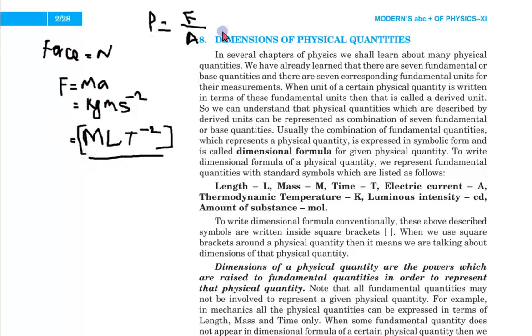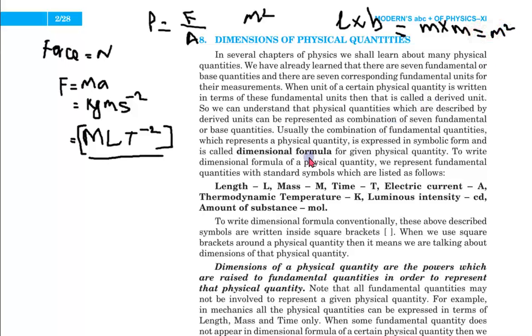Area is measured in meter square, and the formula for area is length into breadth. Length is measured in meter, breadth is measured in meter. That means this area is meter square.